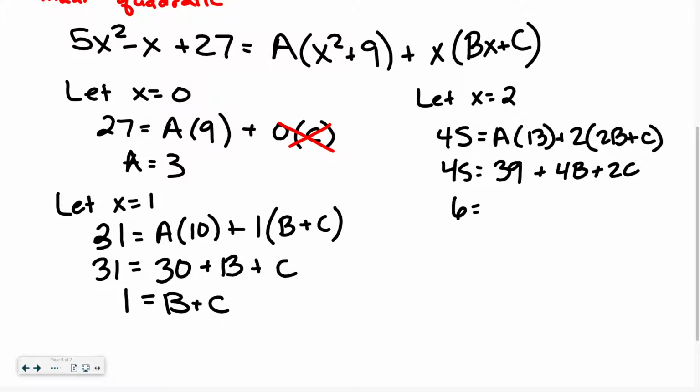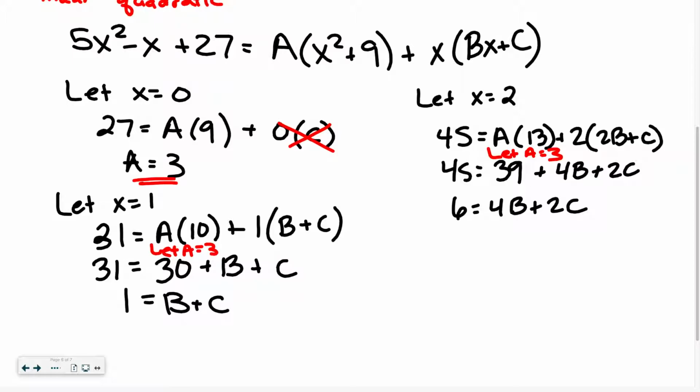So 6 equals 4b plus 2c. I'm substituting a is 3 right here. We've already solved that, so let a equal 3.